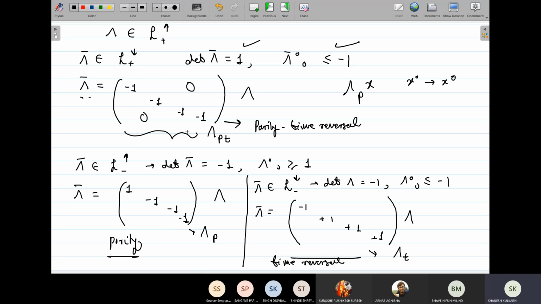Okay, but you see, these are not continuous transformations. These are not continuous Lorentz transformations. They are discrete. You are changing the sign of t to minus t or vector x to minus x. We'll come to this in the latter part of this course.